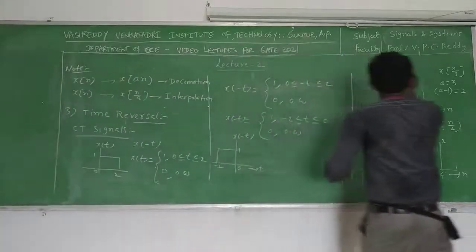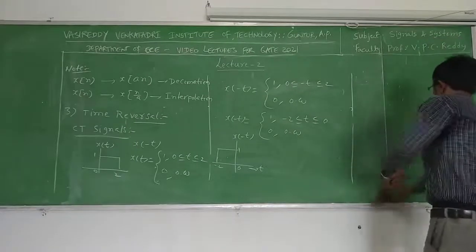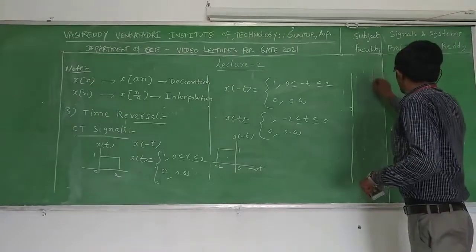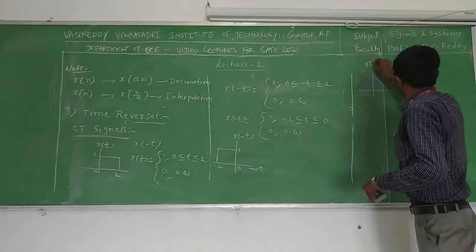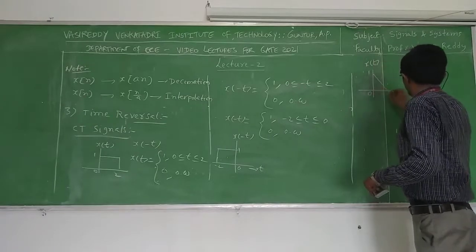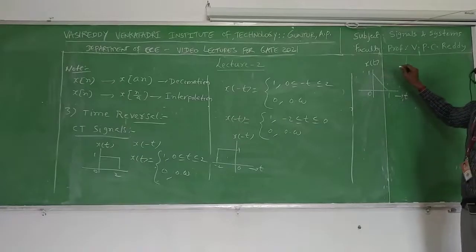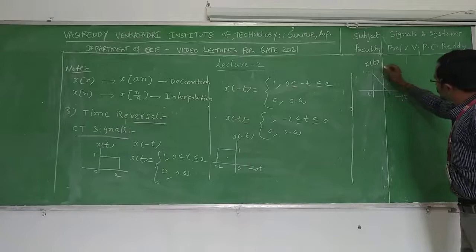Similarly, we will see one more example. Let us consider a line with some slope. What is the slope of this line? Change in y by change in x. Moreover, the line is going downwards, so the slope is negative.